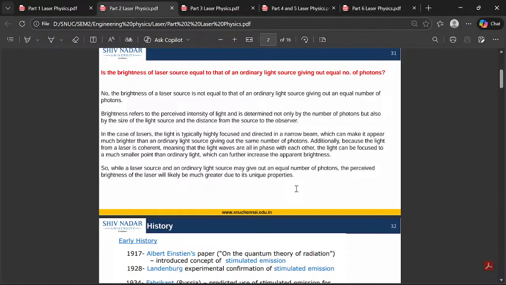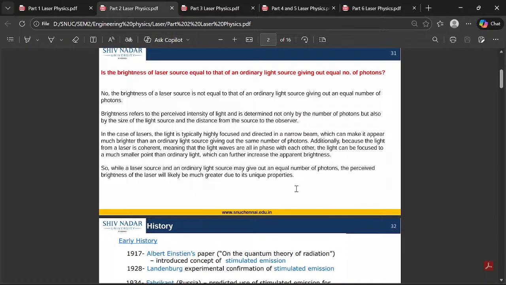Let's take the given ordinary light source and laser light source. Let's assume that both have the same number of photons. Then which is brighter, or are both the sources equally bright? So as we can say, no, they are not equal. We'll perceive that the laser is somewhat brighter than the other source.